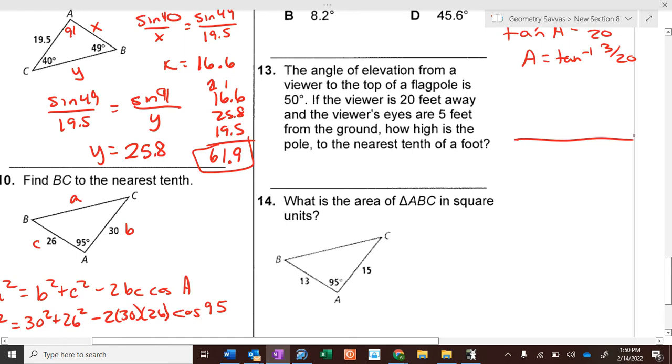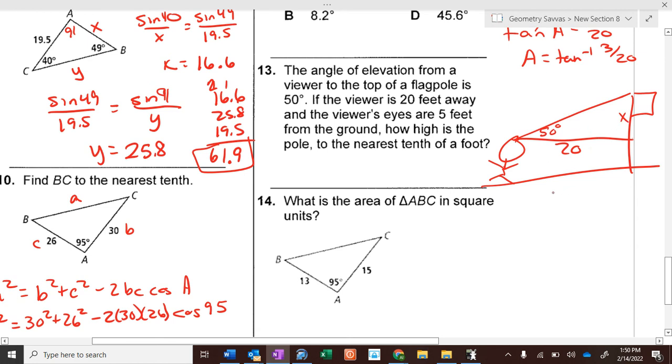Angle of elevation, flagpole. Somebody's looking at it, up. They have a super big head for the size of the body they have. Okay? They're looking at it. They're 20 feet away, and it's an angle of elevation of 50 degrees. What is this?